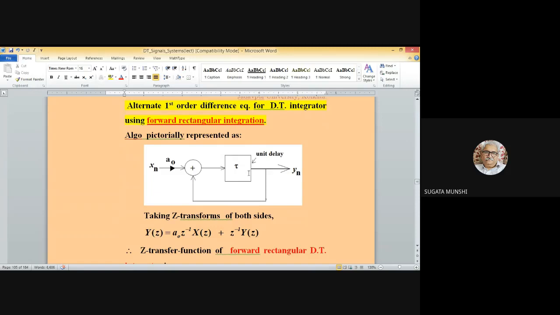But so far as implementation is concerned, if this is the structure, then x n has to be multiplied with a0, y n has to be added, and then this summation a0 x n plus y n is fed to a unit delay element to get y n. Therefore, for getting y n, you have to utilize the value of y n. So that type of structure will not do for implementation.